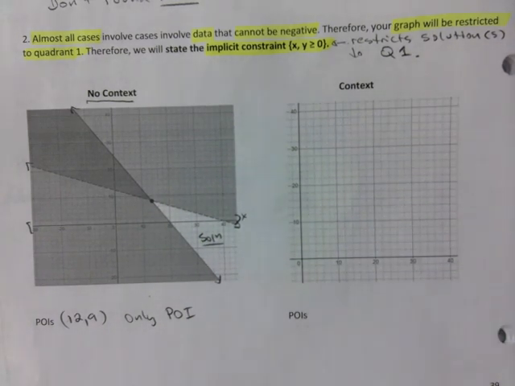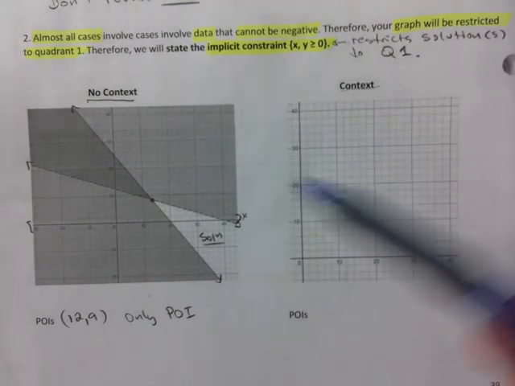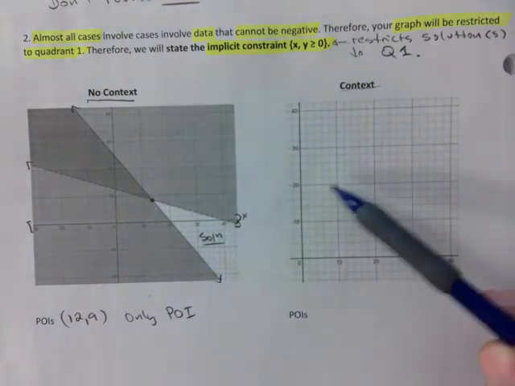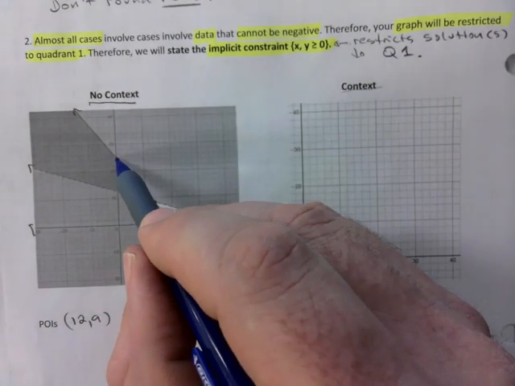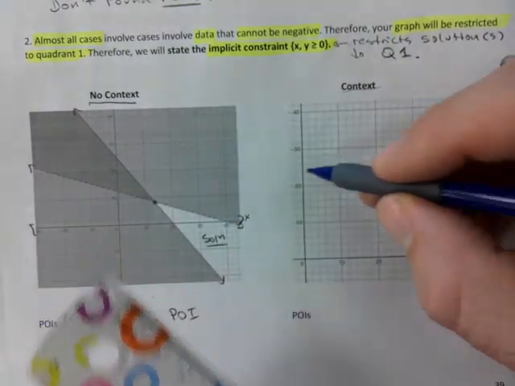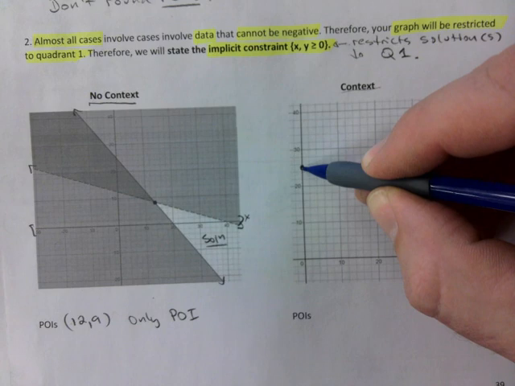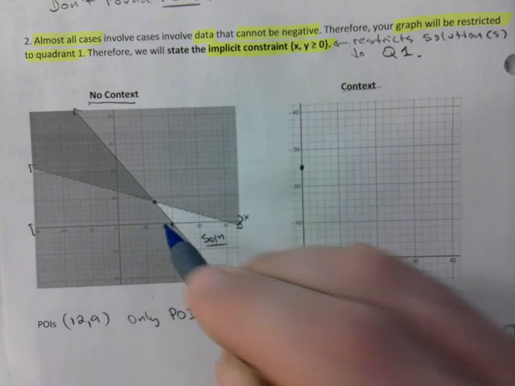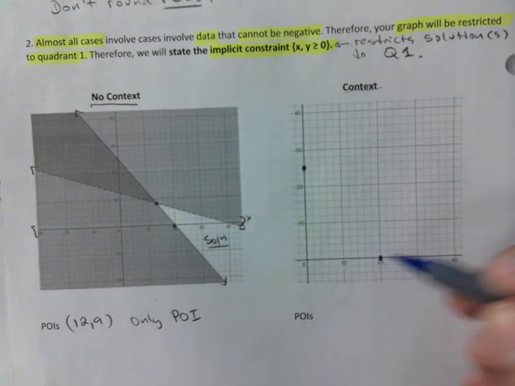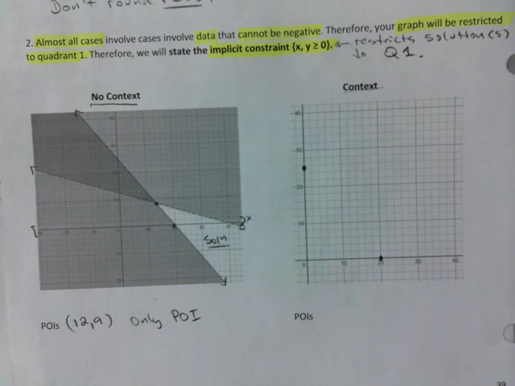If you're dealing with a context, page 39, if you have a context, then let's copy these 2 lines onto here, but I'm just going to focus on the first quadrant. That's what this is for. So this is approximately halfway between 20 and 30. So I'm going to go there, make a point right there, halfway between 20 and 30. And if you follow this line, it goes to 20 here. So let's put that dot right there. So between 20 and 30 and right on 20, and we'll go ahead and graph that line. Is it blurry, guys, or is it just me?